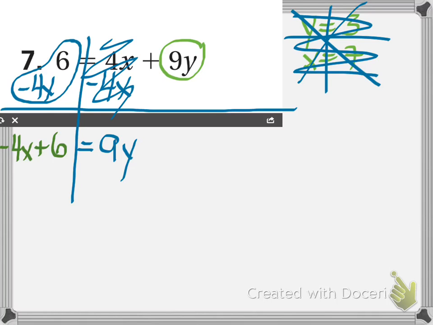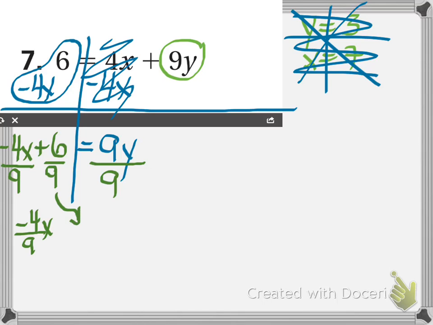Now our last step is to get the y completely alone, because right now we know what 9y's are equal to, but we would like to know what 1y is equal to. So to do that, we are going to divide all terms on both sides by 9. Negative 4 divided by 9 does not give us a whole number, so we can just leave this as negative 4x over 9.